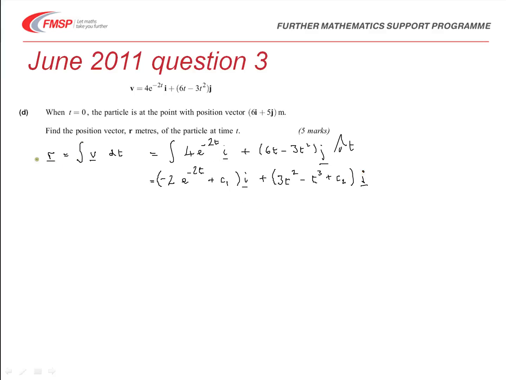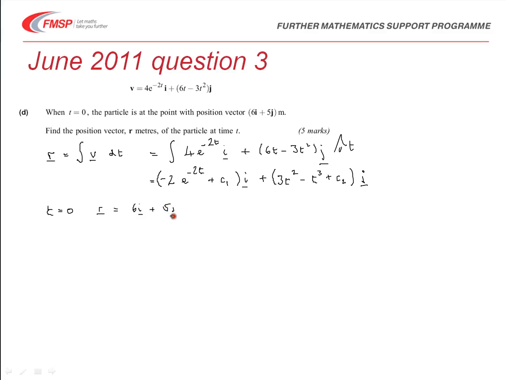In order to find those constants, we need to use the condition we're given: when t is 0, r is equal to 6i plus 5j.